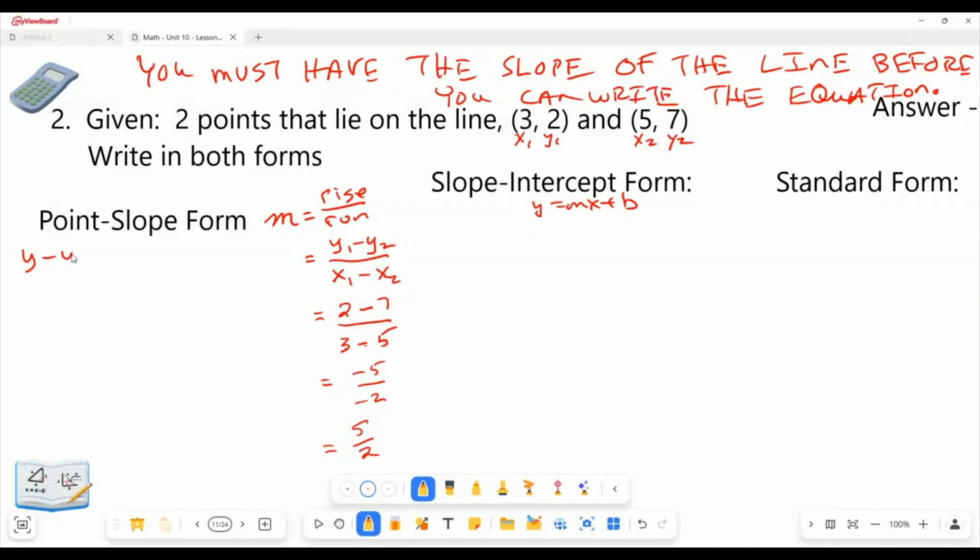Point-slope is y minus y1 equals m times x minus x1. Here are the x and y coordinates from the point, and there's the slope. That's why it's called point-slope. So we plug the values in. y1 is 2, x1 is 3, m is 5 halves.